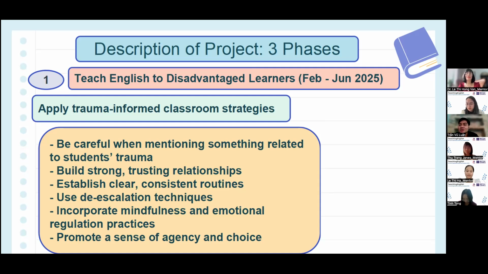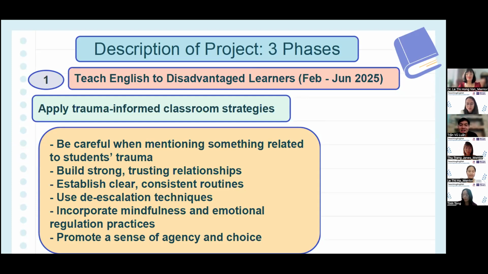You express your understanding, your empathy, your sympathy. And the last one is to share your stories with your students. When you empathize with their stories, you will share your stories. It will help you create strong, trusting relationships.